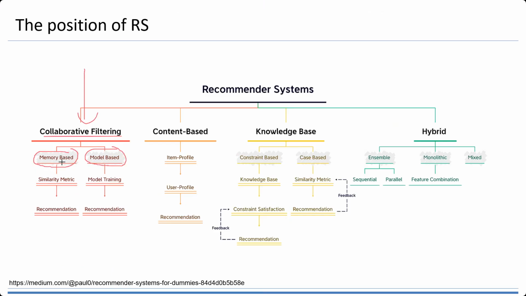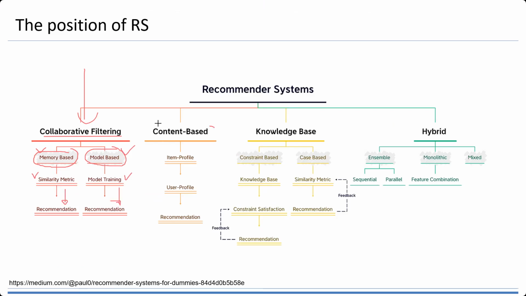If it is memory base, we look at the similarity between users or the similarity between items, and we can do recommendation. For the model base, we will create a model. The model can be anything. For example, we can use association rule, naive Bayes, decision tree and so on, and we can do the recommendation.